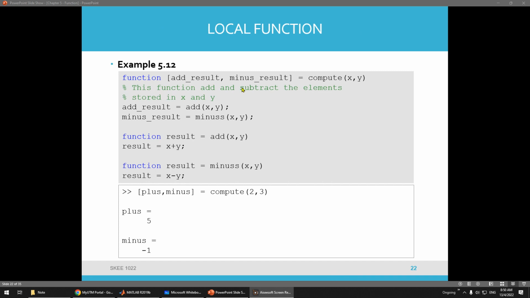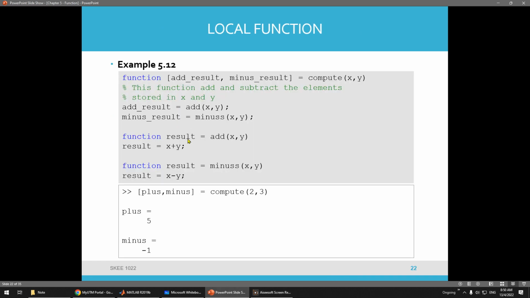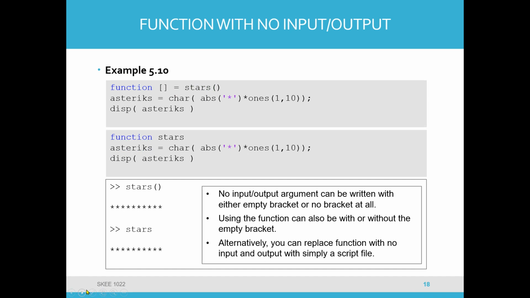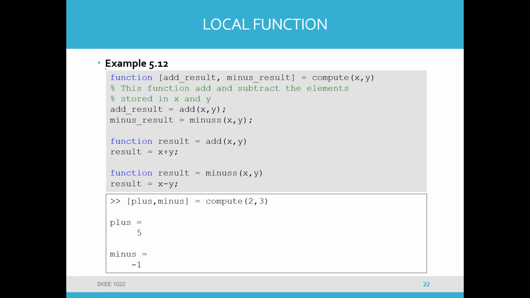Let's have a look at some examples. You can see here, this is a local function. This is a main function, not a main script. It is a main function. Why? Wait, let me open the pen. You can see here, this is a function, so basically this is a main function, not the script, like I showed you last time.